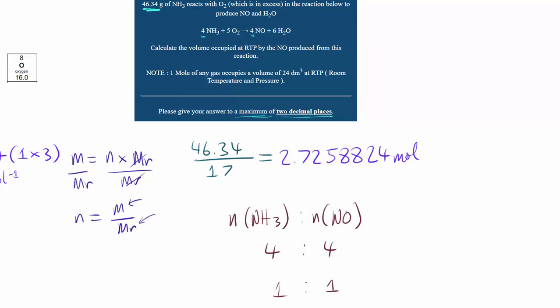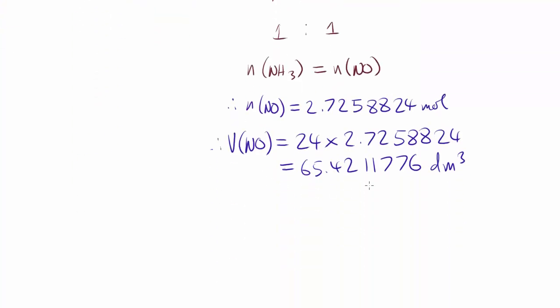So I'm going to round this to 2 decimal places. As you can see, this would be rounded down, so it would be equal to 65.42 decimeters cubed, which is just 2 decimal places.